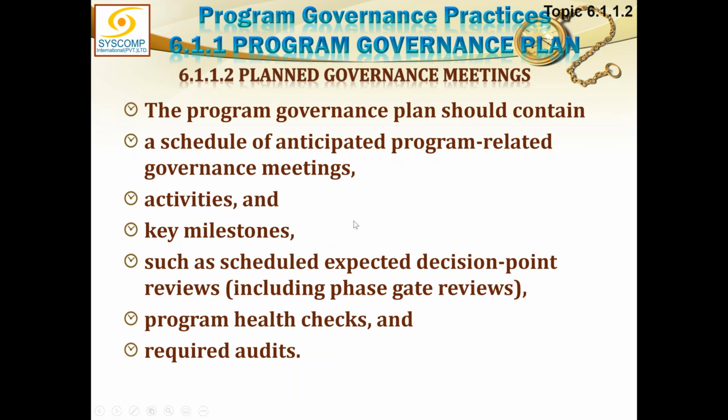So that is anticipated program-related governance meeting activities and key milestones, such as scheduled expected decision point reviews. These decision point reviews are like phase gate reviews. When a phase of the program is completed, that has to be vetted by the governance board.